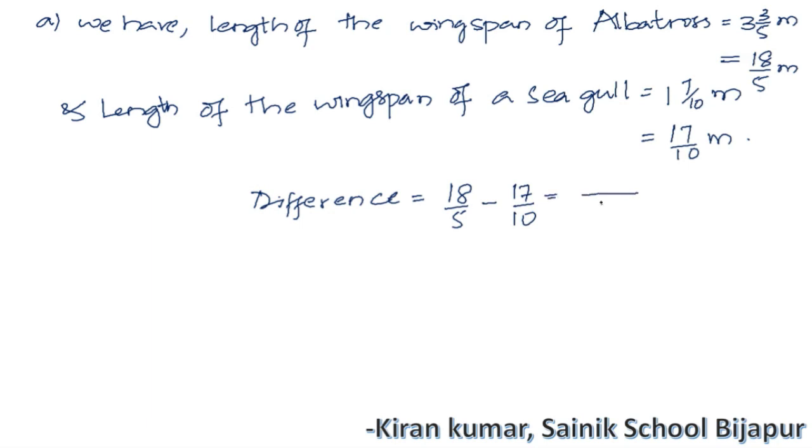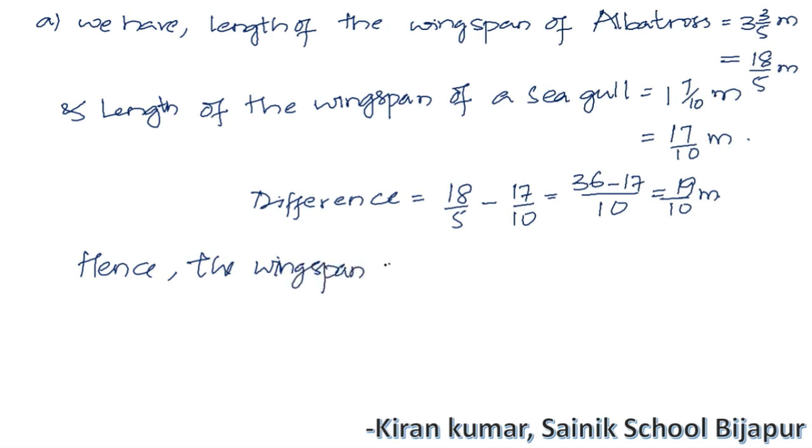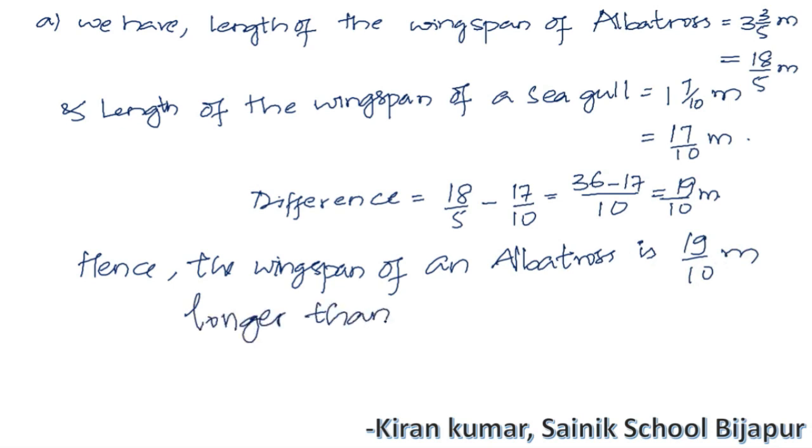The LCM over here is 10, so we have 36 minus 17, which is 19 by 10 meters. Hence, the wingspan of an albatross is 19 by 10 meters longer than the wingspan of a seagull.